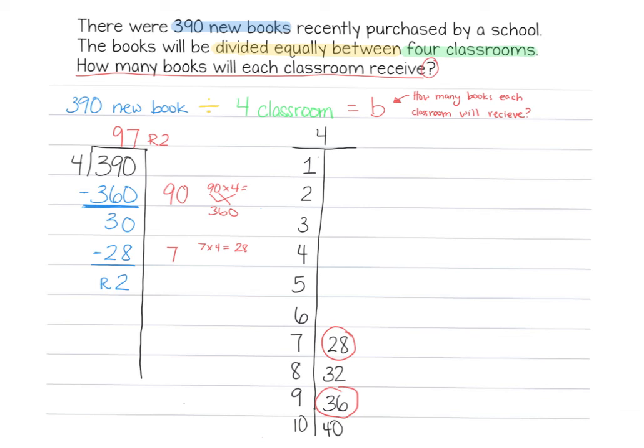Alrighty. Now we're going to go ahead and check it over here on the right side of the page. So we got the answer 97 books. And we're going to multiply that times 4. Go ahead and use your area model to check 97 times 4.